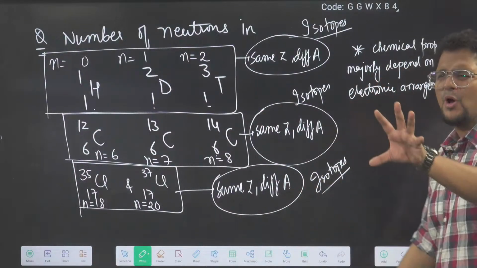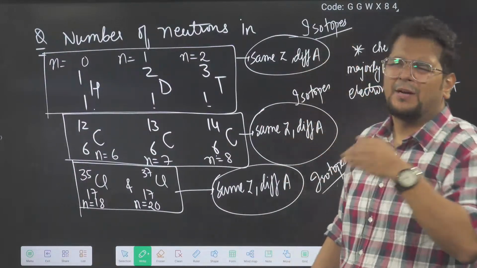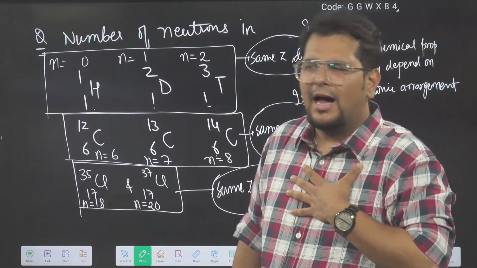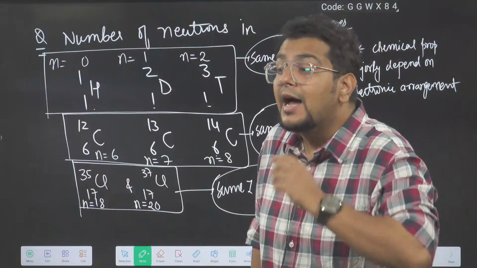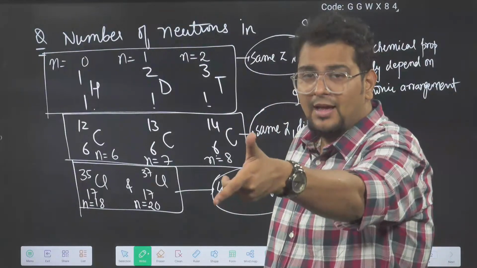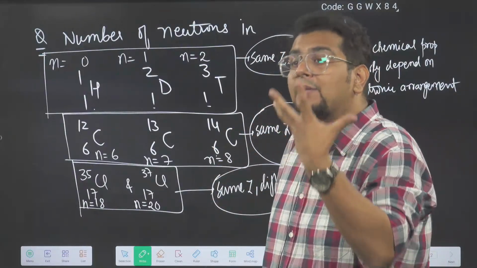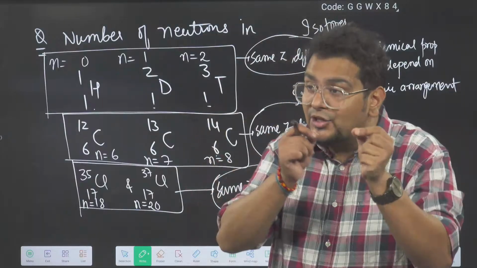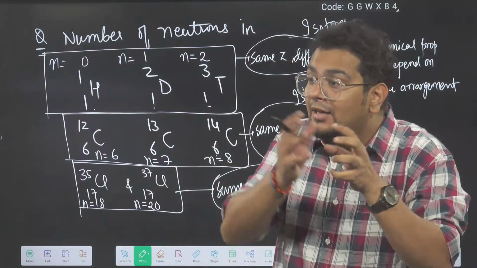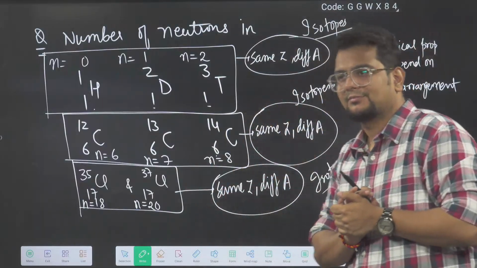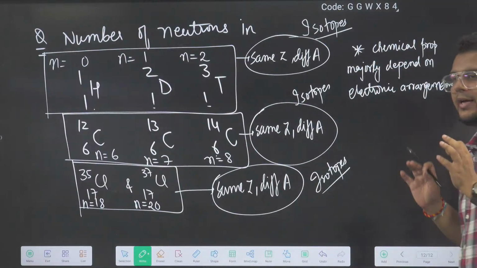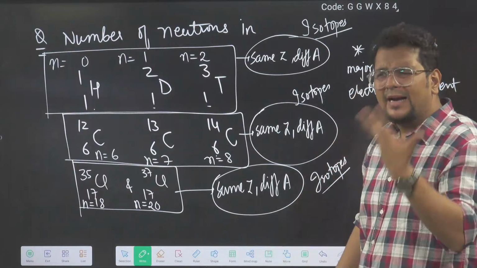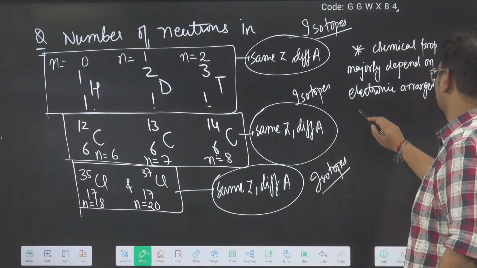So chemical property depends upon the electronic arrangement. For example, if I am a metal, I want to become positive, I have to release electron. If I want to take electron, I will become negative. So reaction happens by giving and taking electron. So chemical property depends upon electrons majorly, the electronic arrangement.